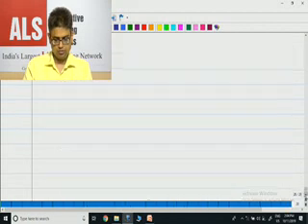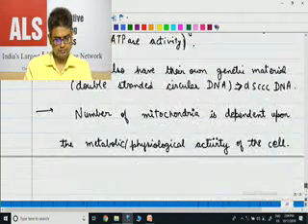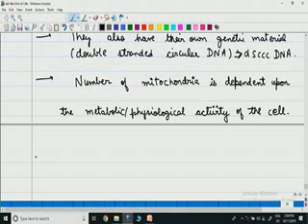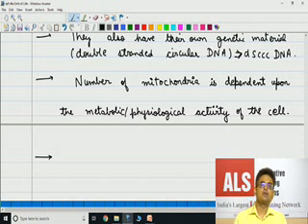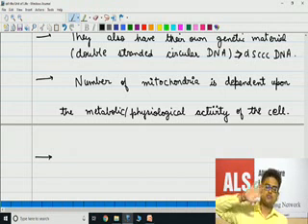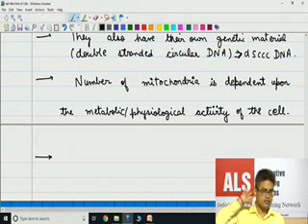All right. One more thing now. Look, there is a term that is going to be repeatedly used from now on. It is called matrix. Matrix refers to the liquid substance that is flowing inside the internal side of the mitochondria. Okay.